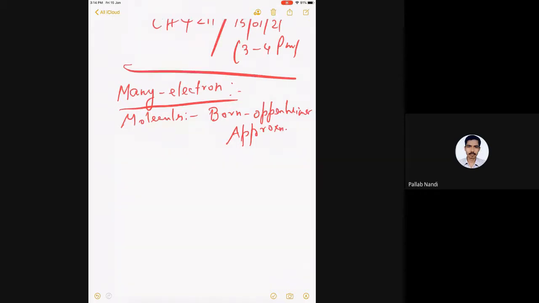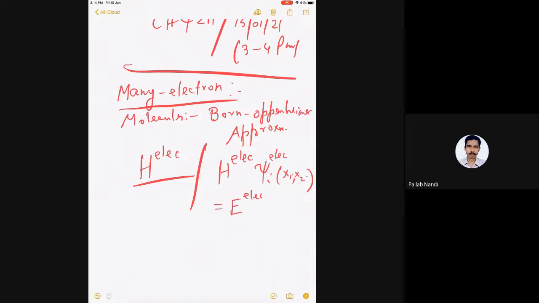So I will define what I've called H electronic, and the solution that we are really seeking is H electronic psi i, which I call electronic now, of the coordinates x1, x2, etc., equal to E electronic energy times psi i of x1, x2, etc. So this is the solution that we are looking at.